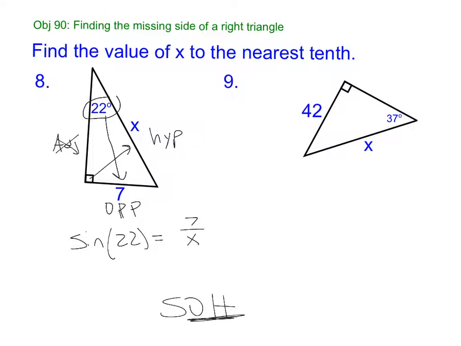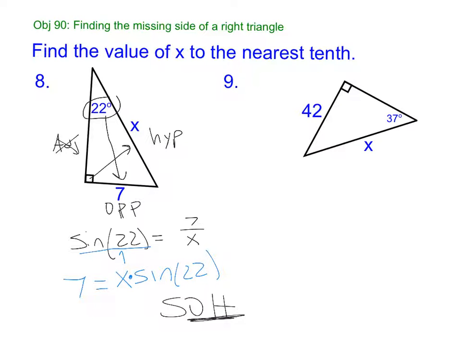Now, here's what's harder about this one. What do you notice? In this problem, the x is in the denominator. So if we cross multiply, 1 times 7 is 7. X times sine of 22 is x sine of 22. So we didn't solve for x yet. What is the x and the sine doing? They are multiplying.